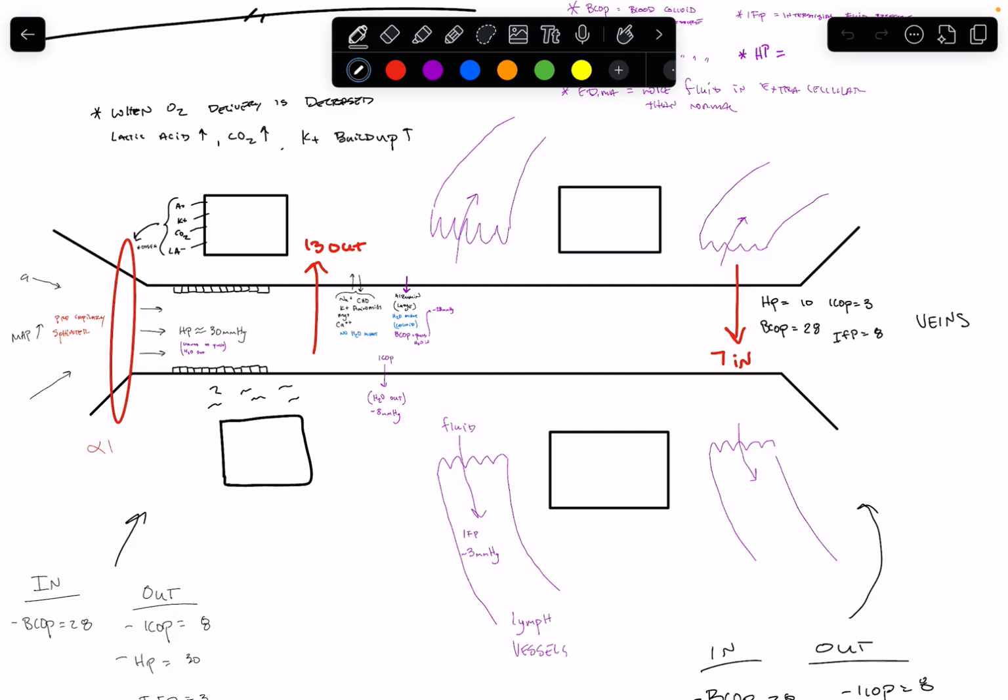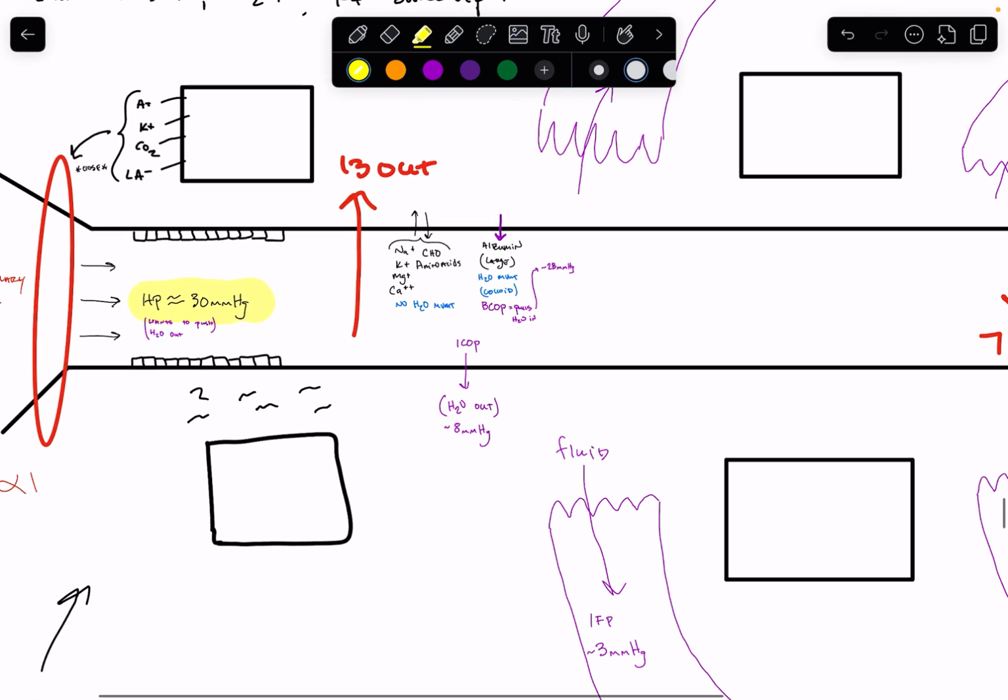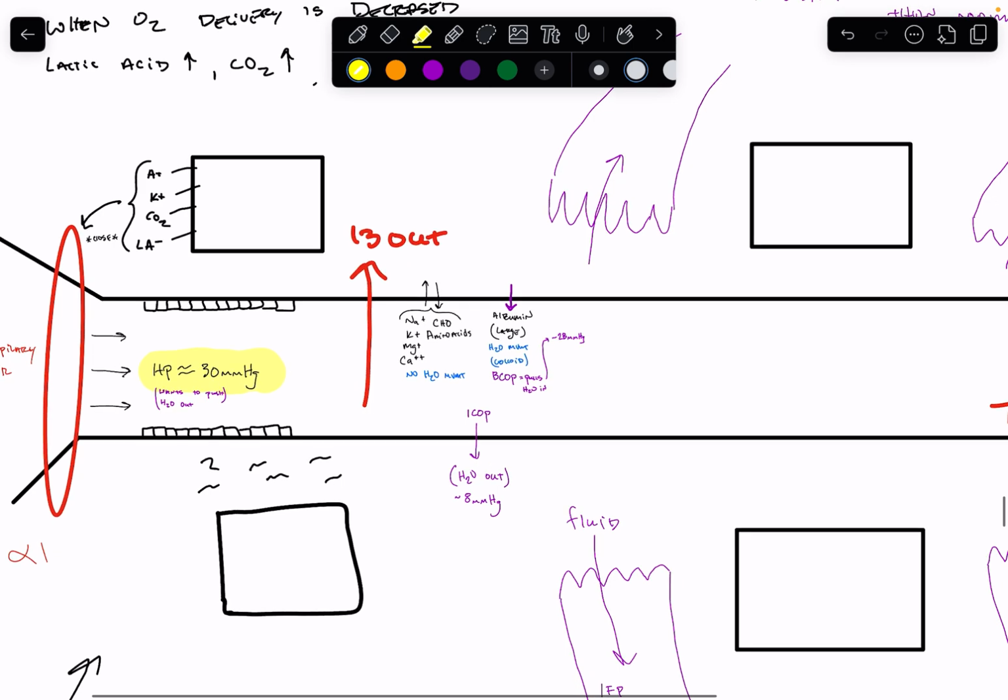The capillaries are filled with fluid and blood and nutrients and all sorts of things. And the hydrostatic pressure inside the capillaries is this number right here, 30 millimeters of mercury. What this wants to do is push water from the capillaries outside into the extracellular space.